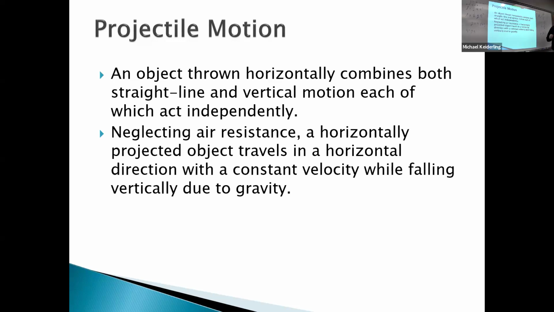So if you fire something horizontally, the distance it falls vertically will be exactly the same as a dropped object. A horizontally projected object will travel in a horizontal direction with constant velocity while falling vertically due to gravity. Horizontally, a projectile travels with constant horizontal velocity. Vertically, if it starts by firing horizontally, it looks like it's falling like that.